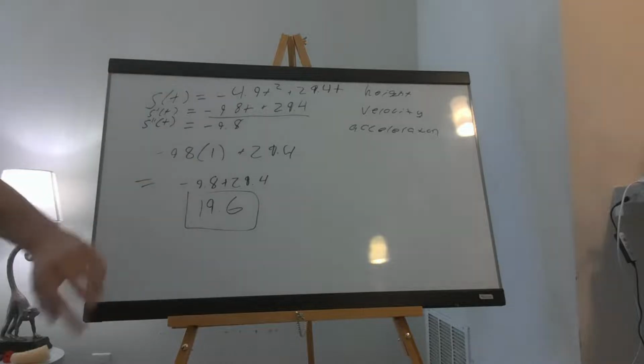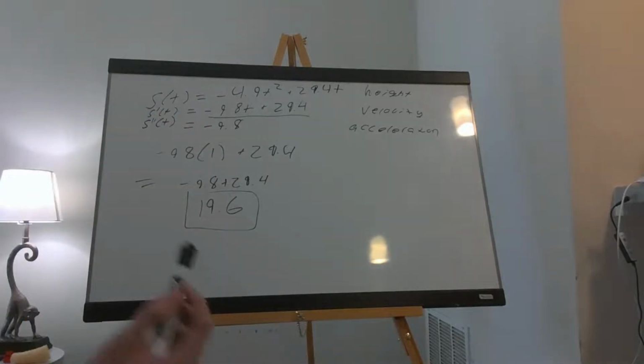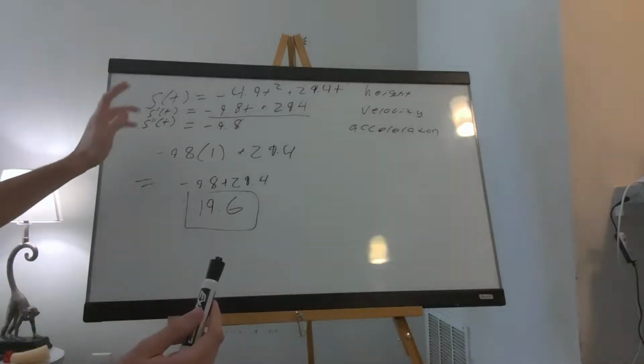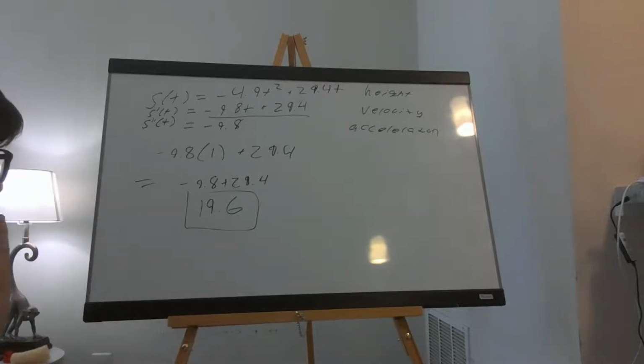But then what you'll notice is the acceleration is a constant term, and that's because gravity's acceleration is negative 9.8 meters per second squared, something like that. It's basically just saying that the acceleration is gravity, which would be the same for any free-falling object.